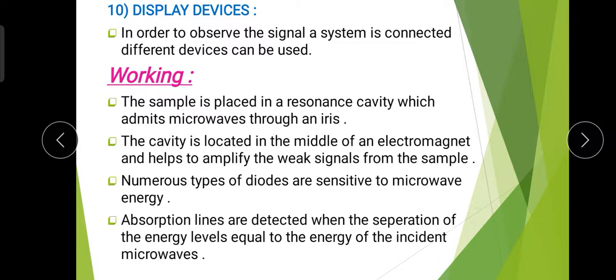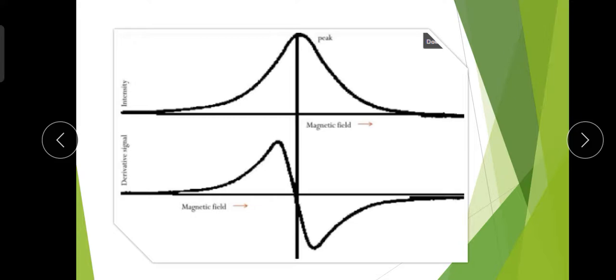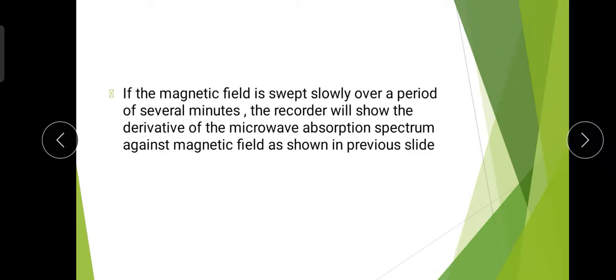So in this way we get the spectra of the ESR. So this is the actual working of the ESR spectrometer. Here we get the intensity versus magnetic field graph, and here we get the peak, and this peak corresponds to that absorption. And if we take the derivative, that is, if the magnetic field is swept slowly over a period of several times, the recorder will show the derivative of the microwave absorption spectrum against the magnetic field, as shown in a previous slide.